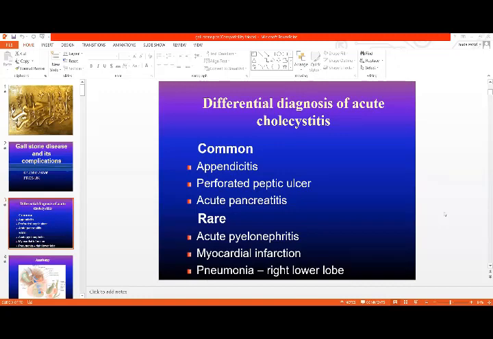That means there's no inflammation. You do an ultrasound scan, and that shows gallstones. So the diagnosis won't be acute cholecystitis. In acute cholecystitis, you should have a positive Murphy's sign, tachycardia, high temperature, and a high white cell count.